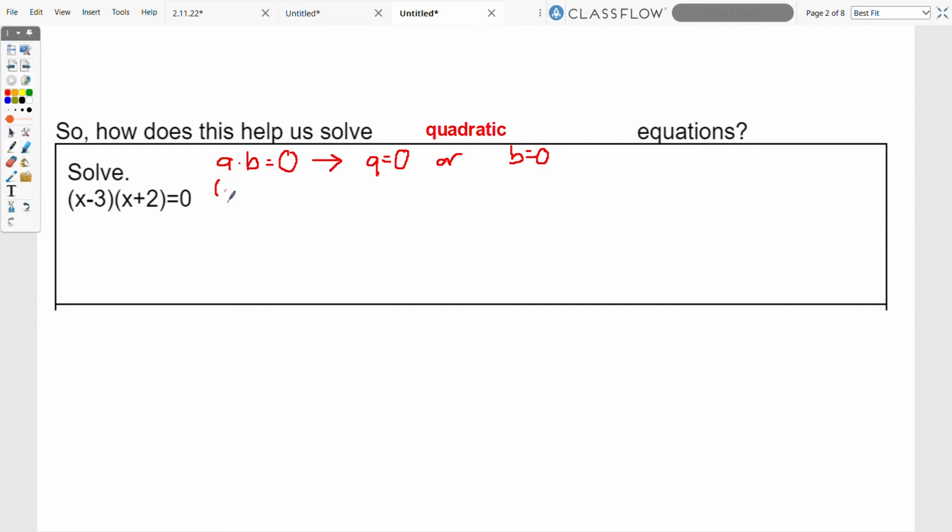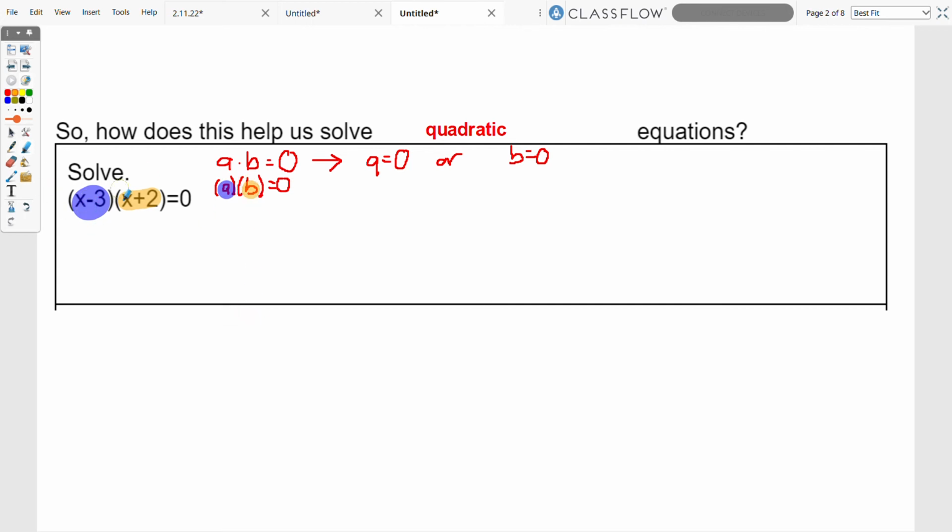So if we rewrite the property like this, we have parentheses A times parentheses B equals 0. Now this matches up with the problem we have here. The first term, x minus 3, is like our A, and the second term, x plus 2, is like our B.